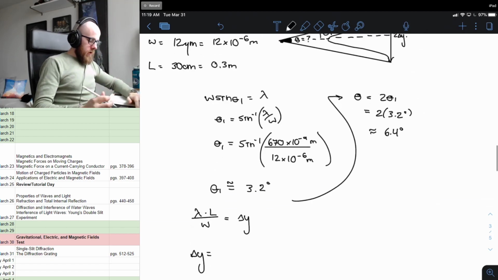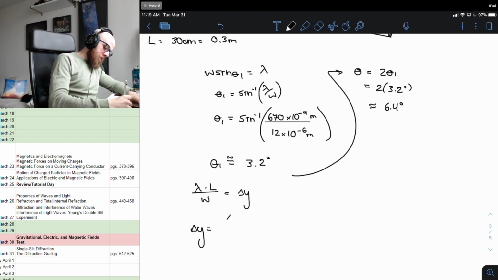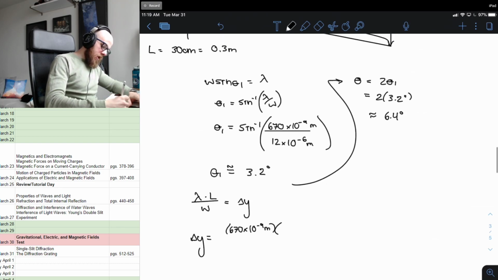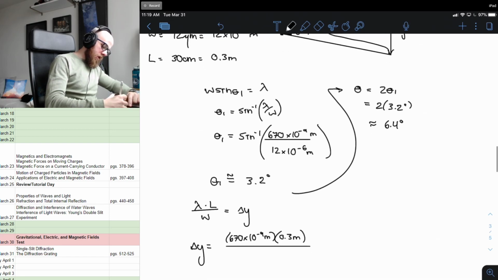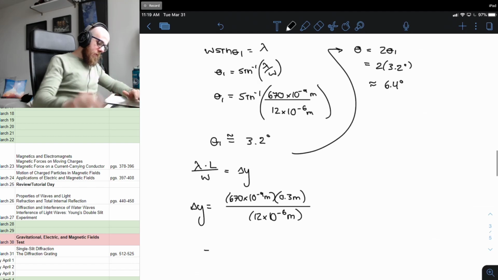Okay, so let's solve for delta y here. So delta y is our wavelength. So 670 times 10 to the negative 9 meters times L, which is 30 centimeters, so that's 0.3 meters, over our width, which is 12 times 10 to the negative 6 meters. So I'll plug that in, see what we get.